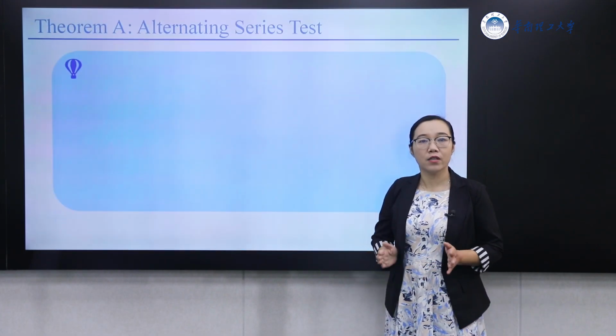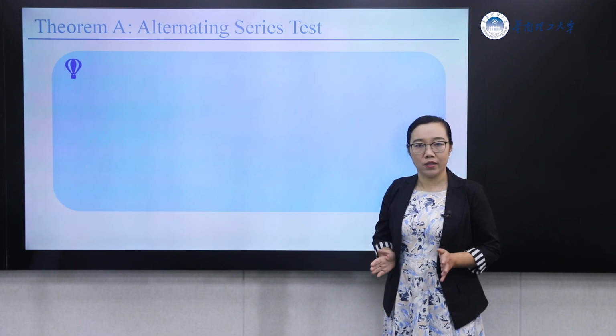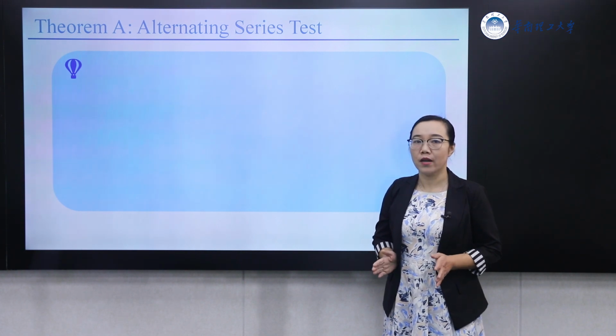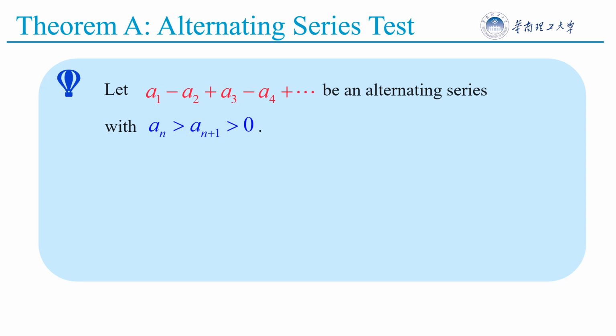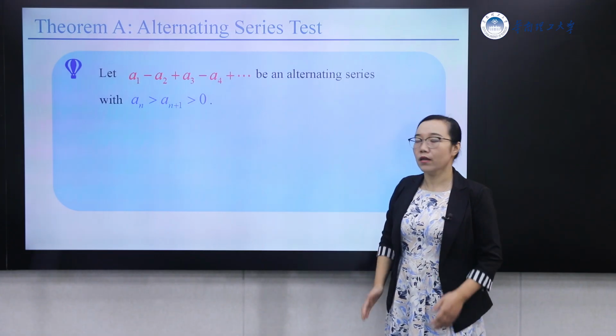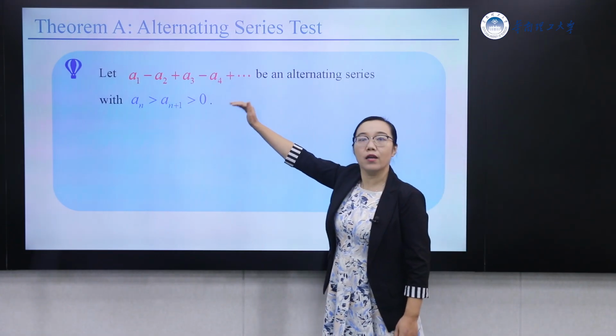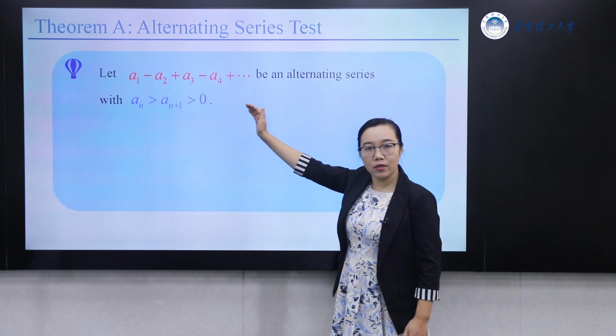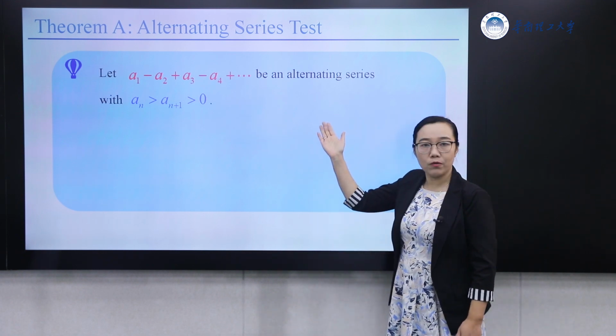There is a theorem called the alternating series test. Let A1 minus A2 plus A3 minus A4 be an alternating series, where An is greater than An plus 1, which is greater than 0.